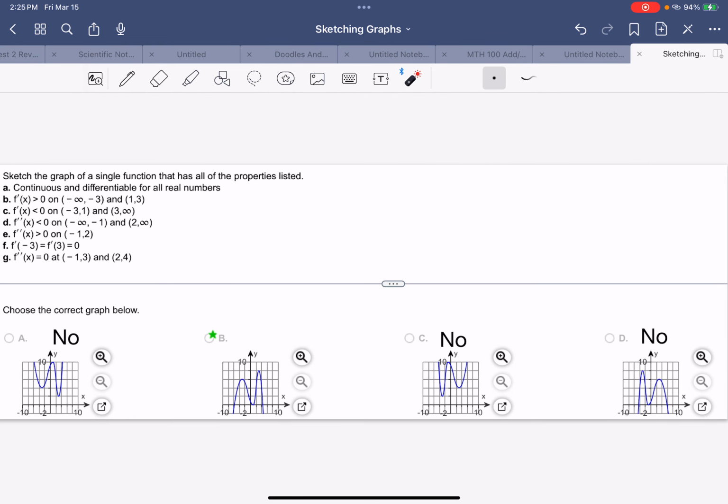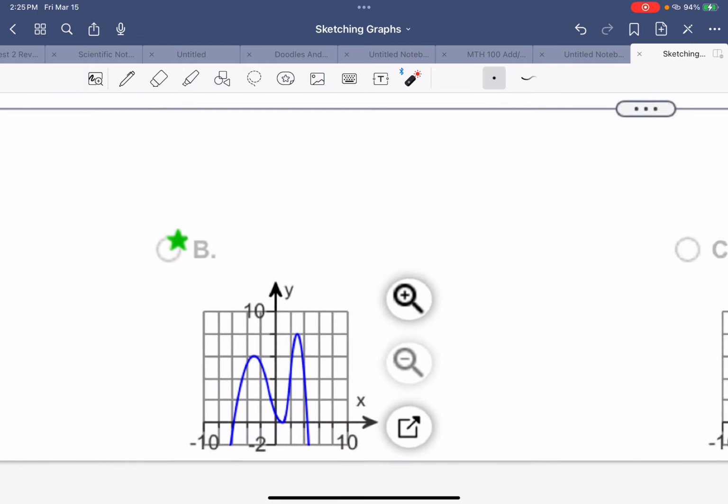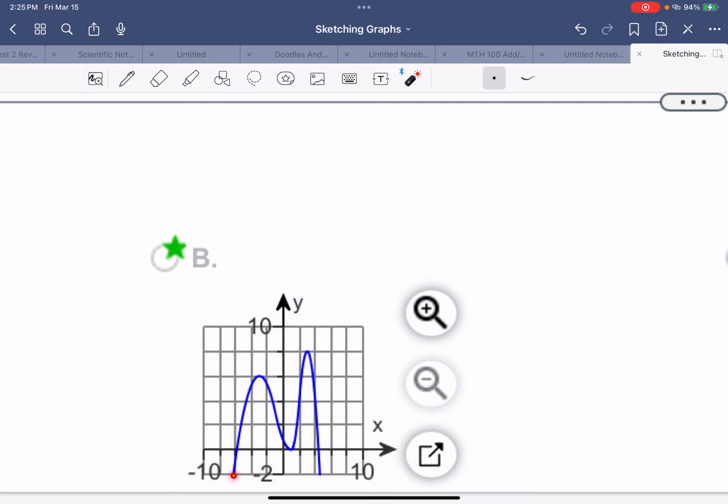So let's look at graph B. Concave down from negative infinity to negative 1. So here's negative infinity to negative 1. Yes, that's your bowl down. Now it turns at negative 1 and becomes bowl up, okay?